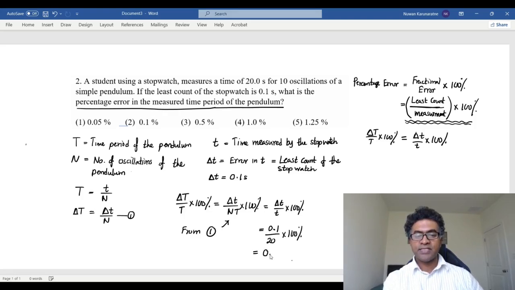So the answer is 0.5%. That's the percentage error of the time period of the pendulum. So the correct choice is choice number 3. Choice number 3 is the correct choice for problem number 2.